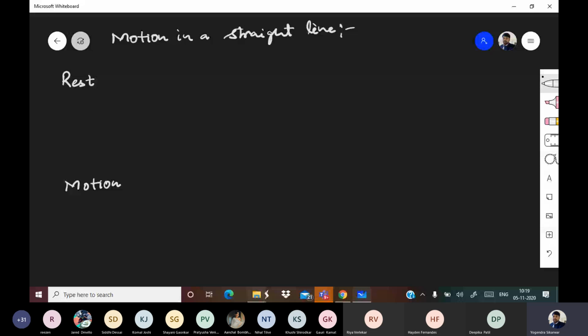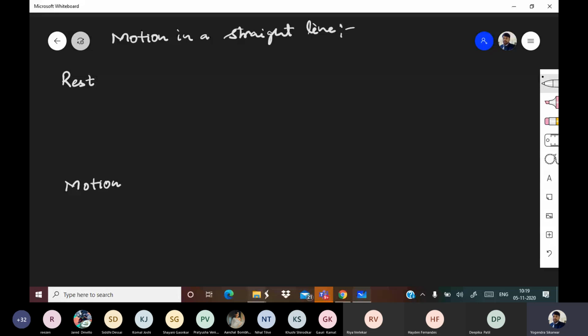Observer or frame of reference, these are two terms which are used interchangeably. One term can be used in place of the other and vice versa.